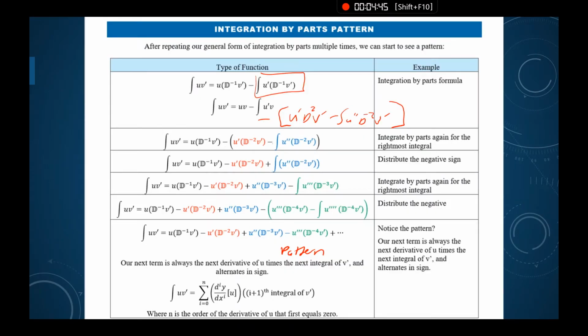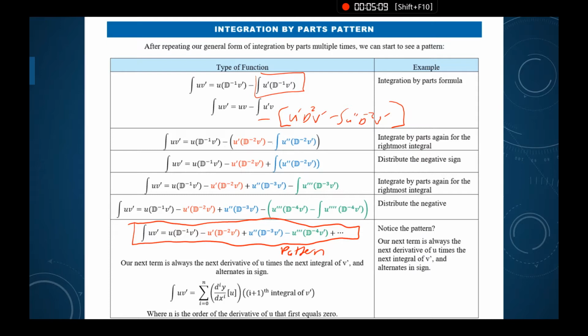Okay. And if I keep going with integration by parts, last time we proved that there was a set pattern. If you continuously integrate again and again, you end up with a pattern where every term you're deriving u one more time: u prime, u prime prime, u prime prime prime.